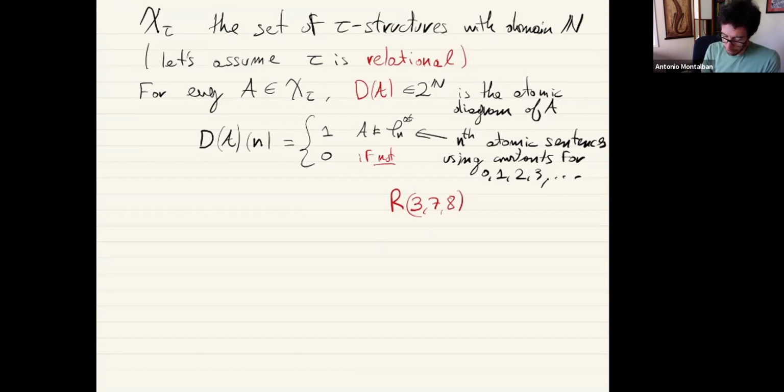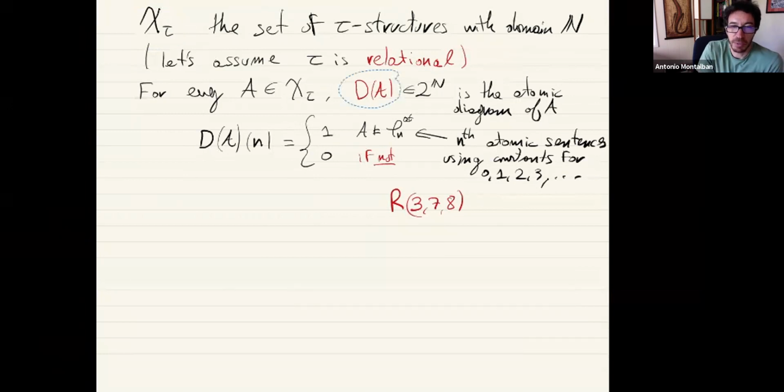A structure in tau is determined by its diagram. So the diagram contains all the information about the structure, which relation holds about which tuple and which doesn't.